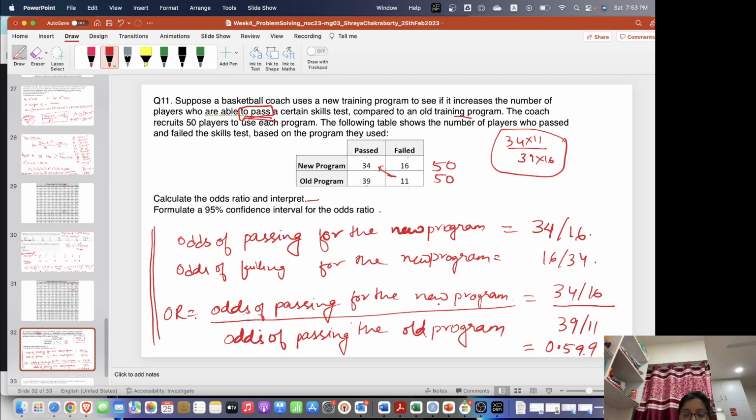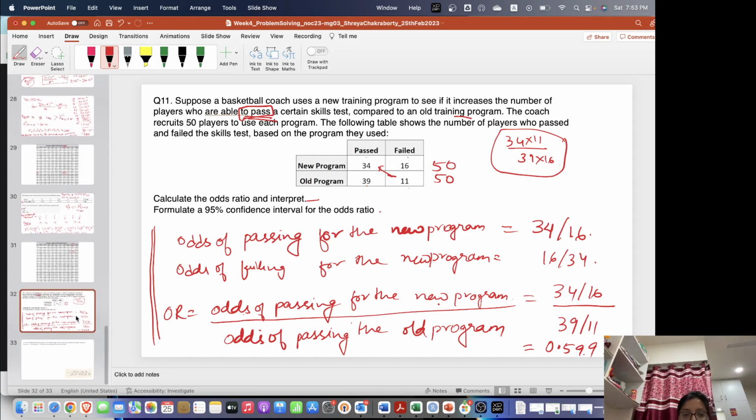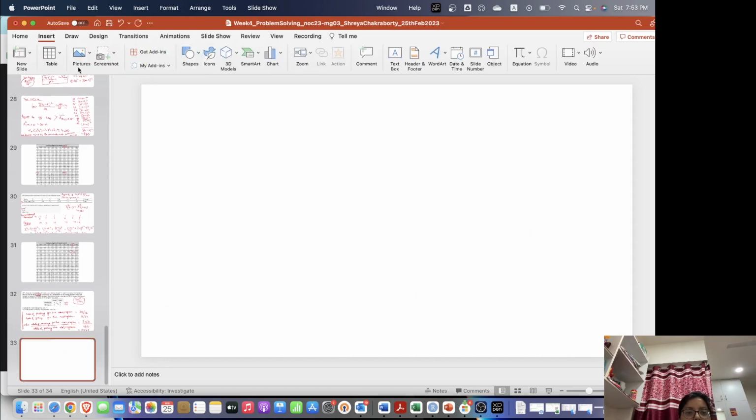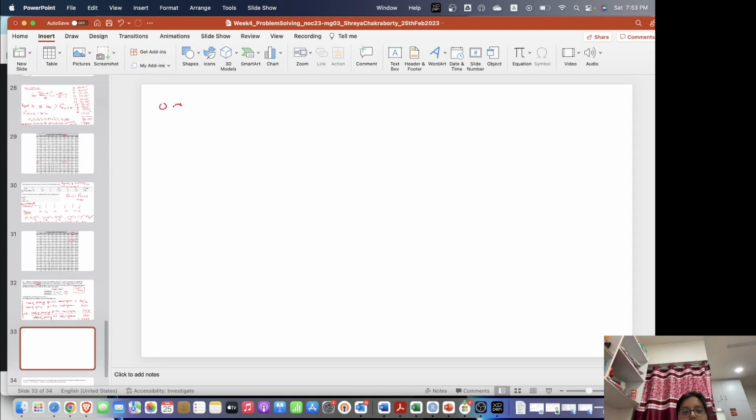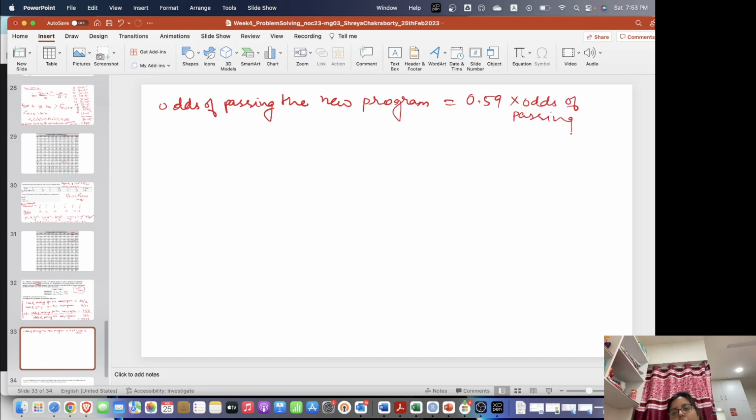So what it essentially means is that, if we have to interpret, we can write: odds of passing the new program is equal to 0.59 times the odds of passing the old program.